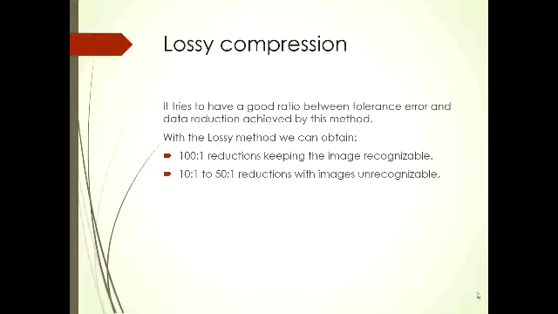And actually, we can resize an image from, for example, 100 to 1, and still keep the image recognizable. But if we rescale the image from 10 to 1 or from 15 to 1, 50 to 1, we would see that the images are unrecognizable. This means that the lossy compression method works best when we have bigger images.